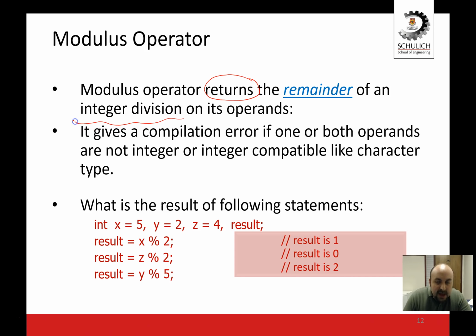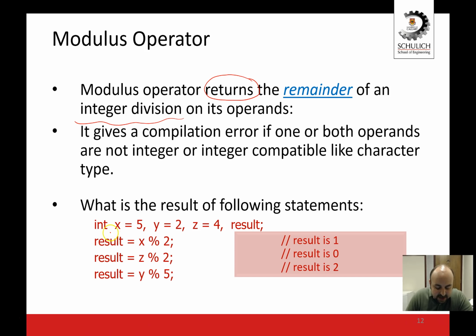Integer division is key. If you have two doubles there is no remainder, therefore you cannot use the modulus operator for two doubles. You also cannot use it between a double and an integer, because it's real division. Wherever you have integer division, you're going to have this.